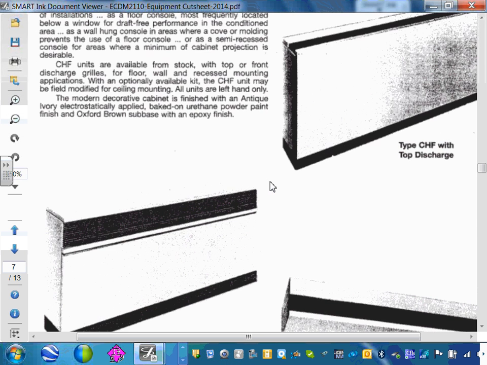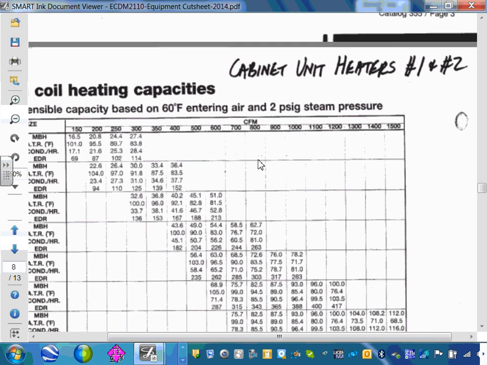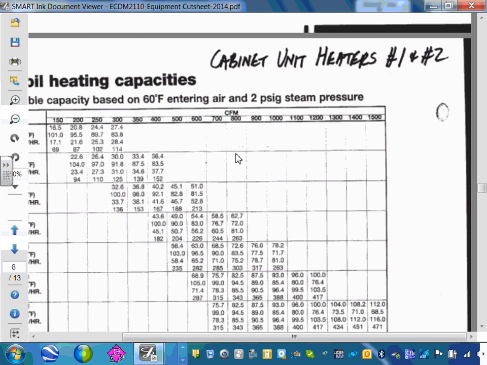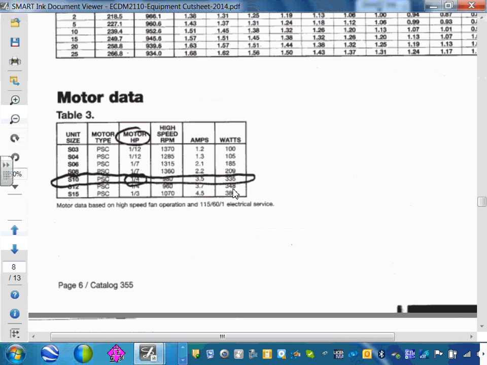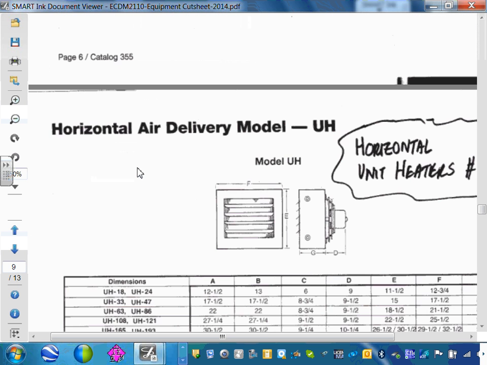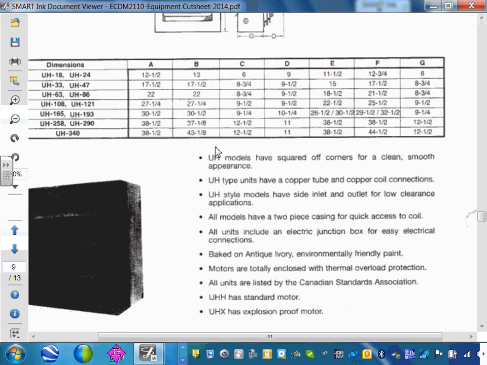Okay, so here's cabinet unit heater 1 and 2. Information about these: you can see here the watts and the smaller horsepower. Look at that. It has a heater and it has a blower in it. Then horizontal unit heaters. What are these? In certain areas in the building, guys, they don't want to bring the hot air to it because it's too expensive.